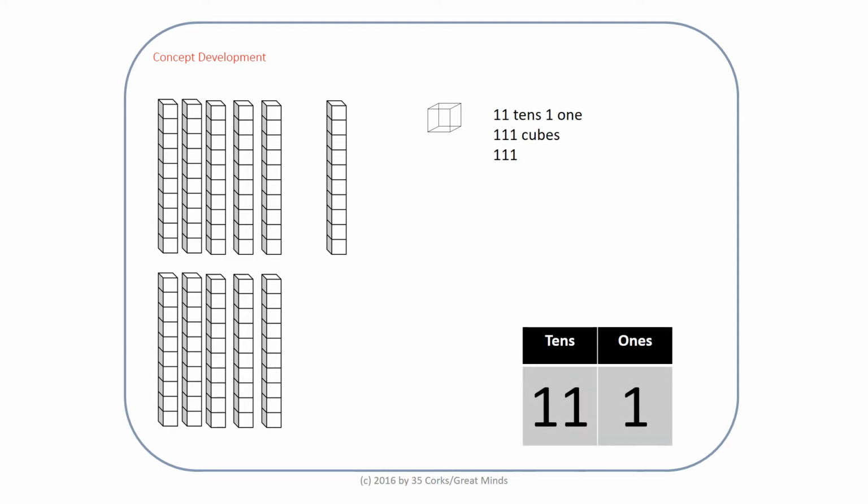So like we just said, 11 10s, 1 1, 111 cubes, which would just be the number 111. You can see I have my 11 10s and my 1 1 in my place value chart. And I can see that number, 111, if I read from left to right. All right, here's the next one.